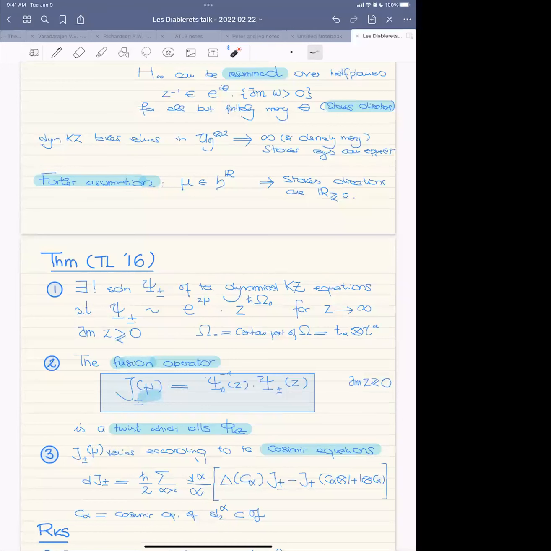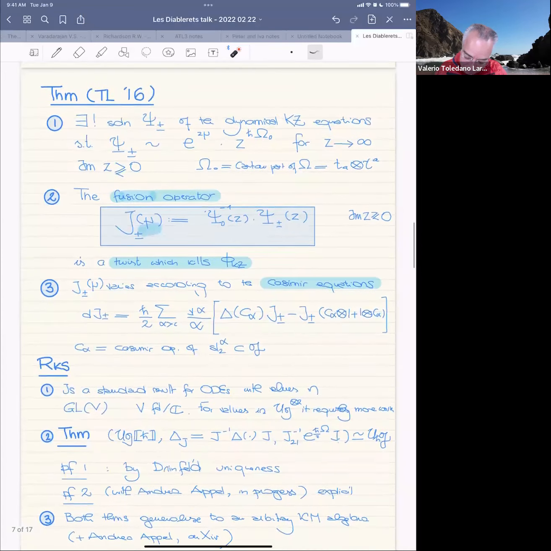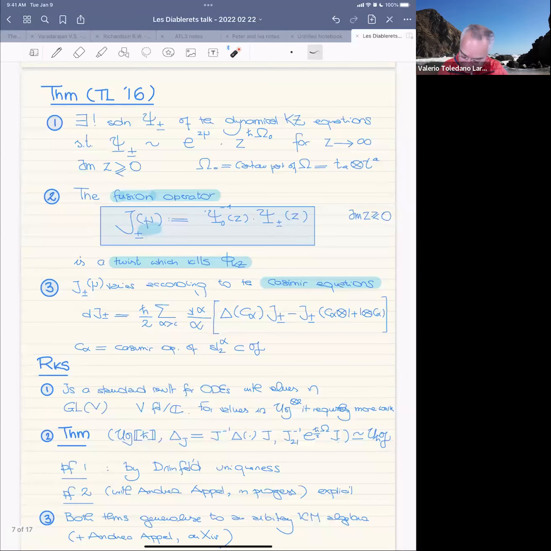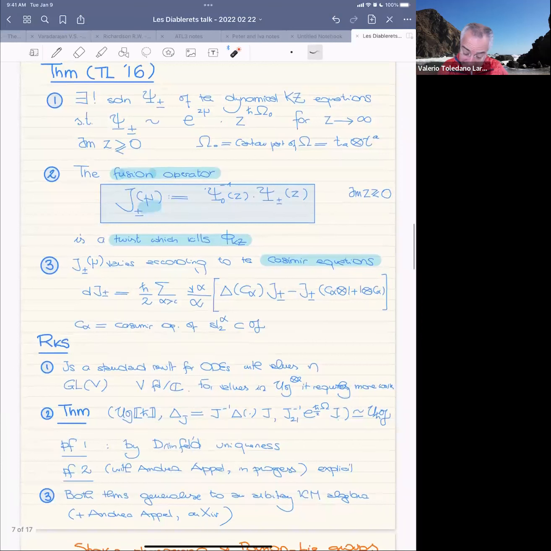So let me make a few comments. The first one is that the existence of these solutions is standard, but for infinite dimensional coefficients, it requires more work. The second is, once you've got that, you would say, oh, but are you sure that you got the quantum group this way? And the answer is yes. So this universal enveloping algebra with this twisted coproduct and twisted R matrix is isomorphic to the quantum group.